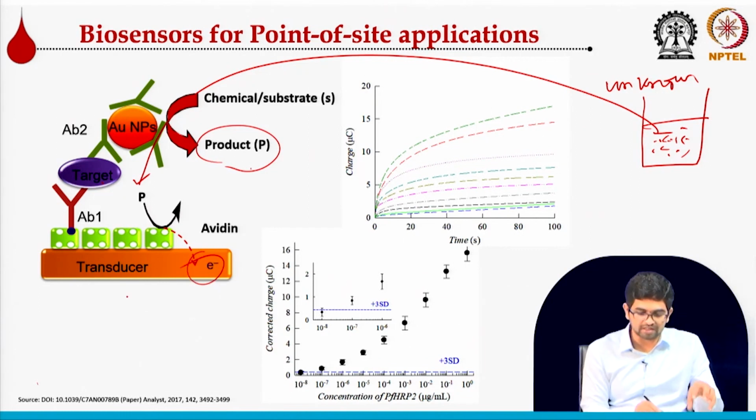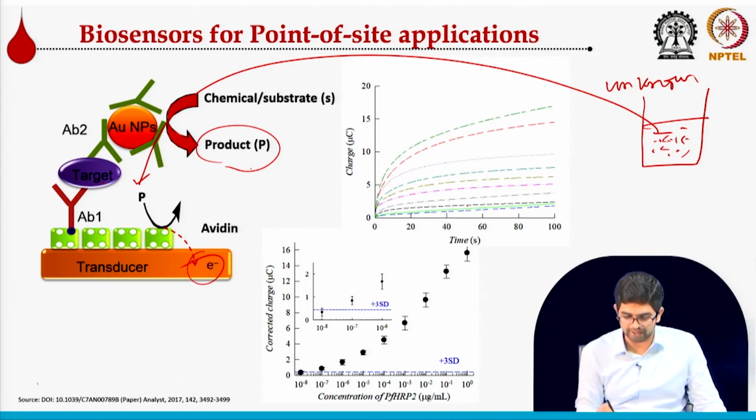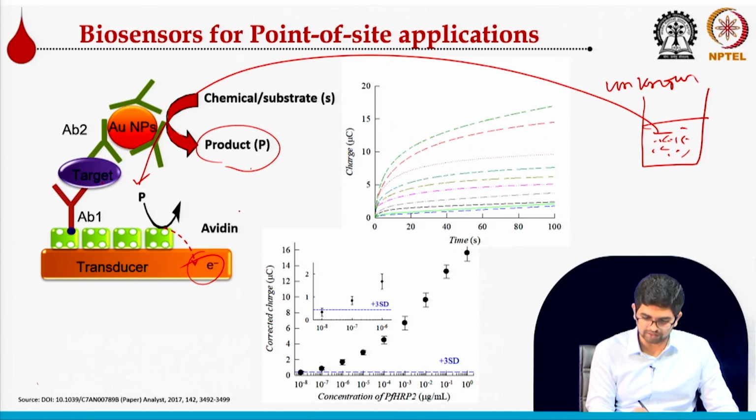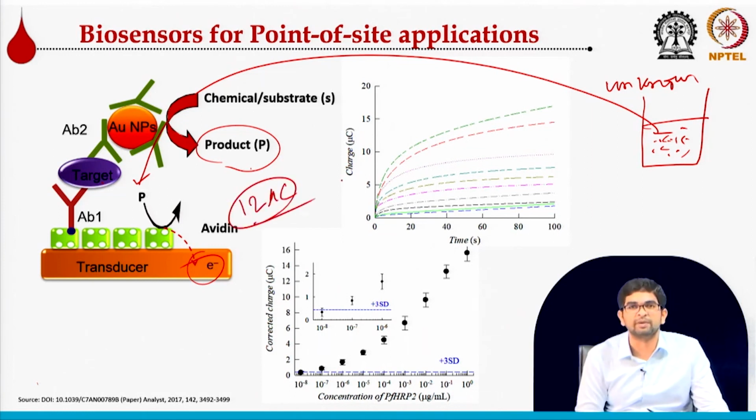Now, this current or maybe charge, you can compare. Suppose you are getting 12 microcoulomb from the unknown sample. Then you have one calibration curve. This is, as I said, the calibration curve, right.